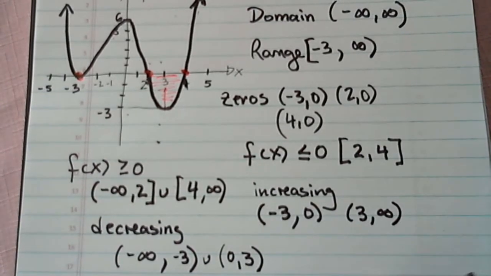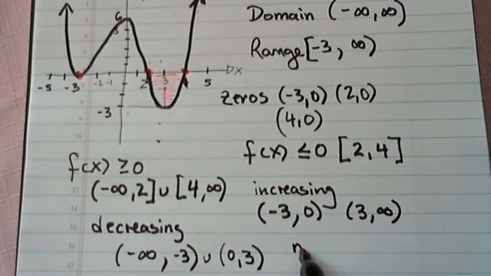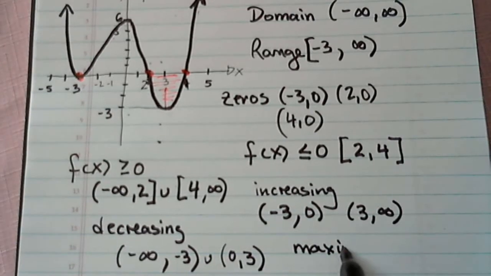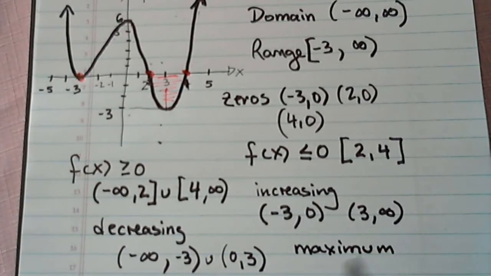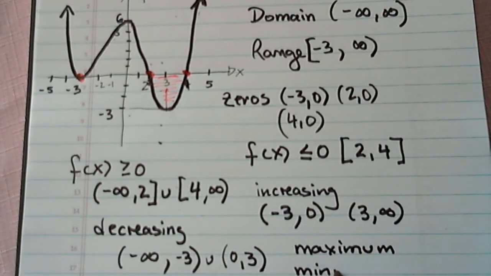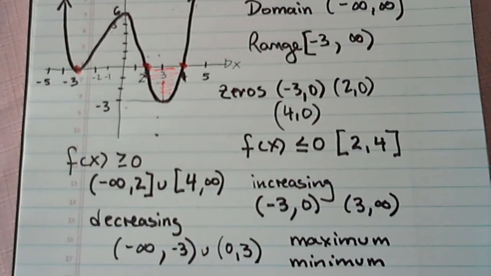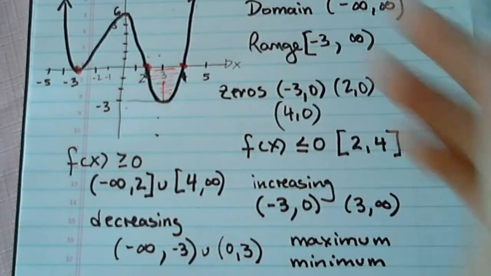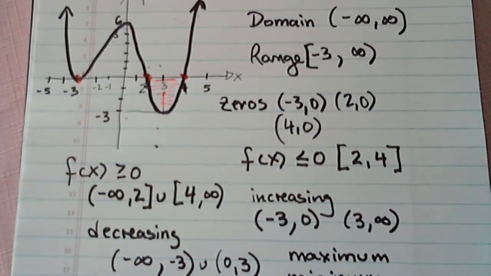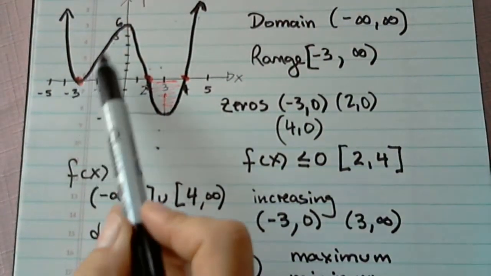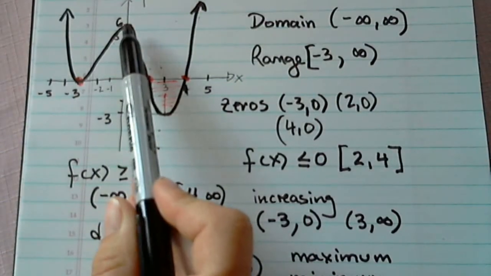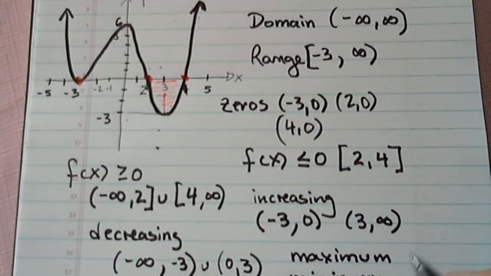I could be asking you for the maximum and the minimum. The local maximum and the local minimum within our graph. When I'm looking at the maximum, I'm looking at the highest point. Now the maximum is always the y value.